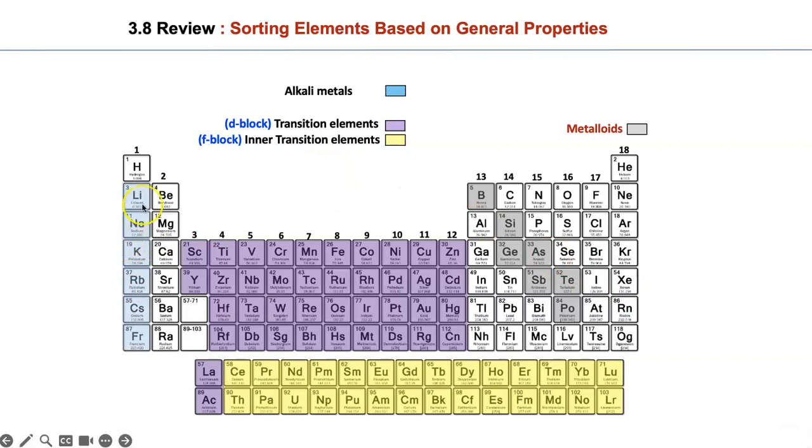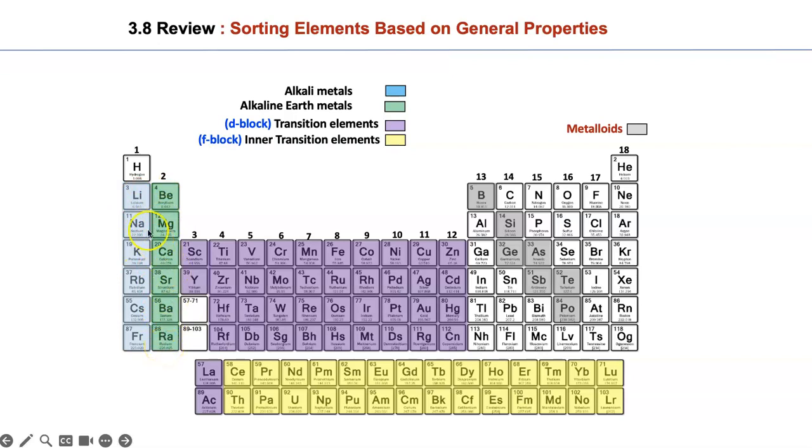Then we learned that there are alkali metals, which are really reactive and soft, and they are called alkali because they form bases when they react with water. And then we have alkaline earth metals shown in green. They are also soft but not as soft as these guys, and both of them become softer as you go down.